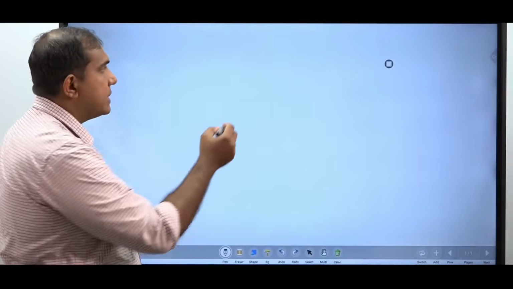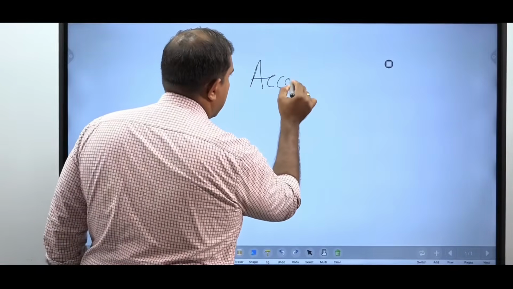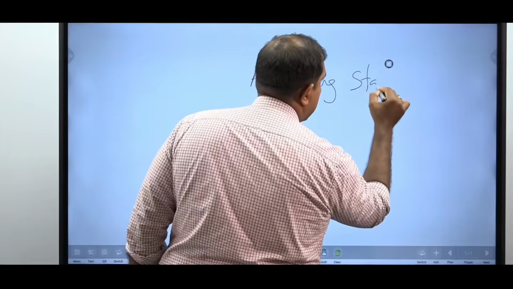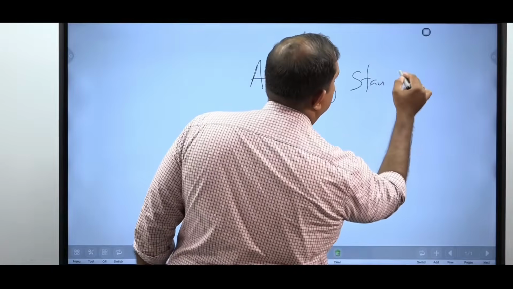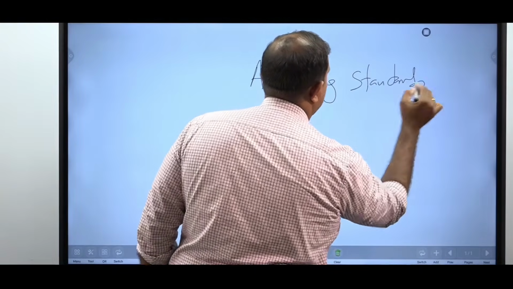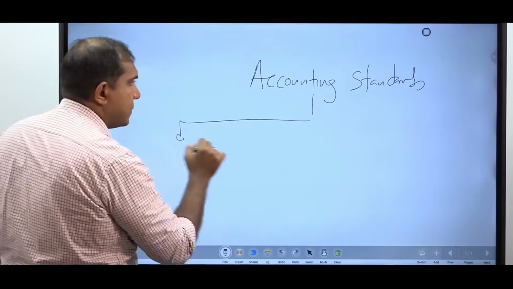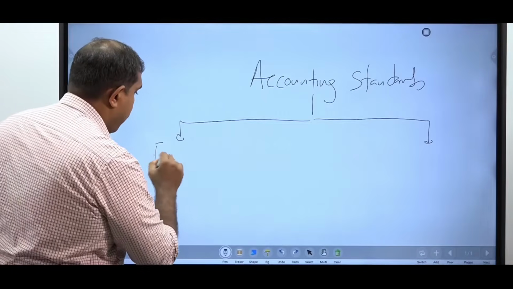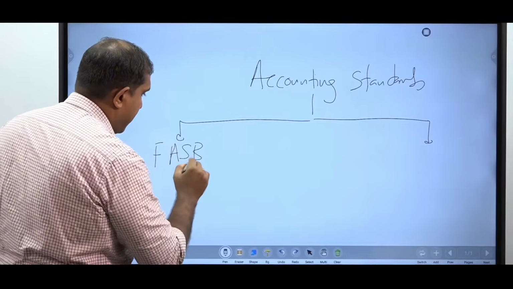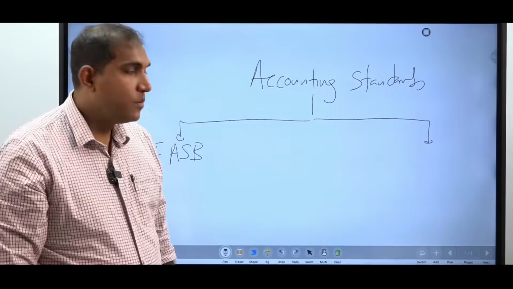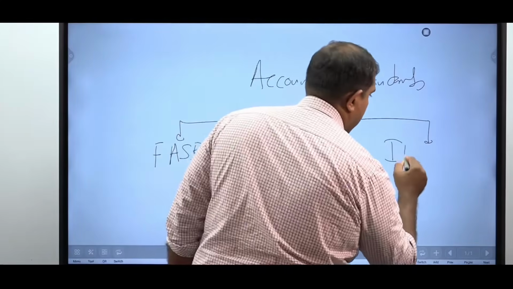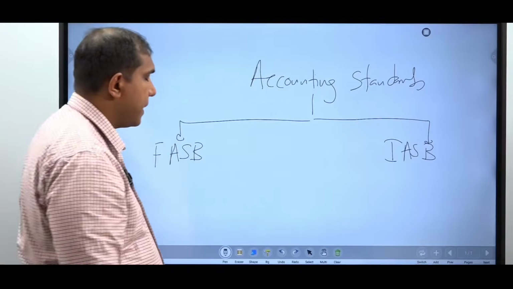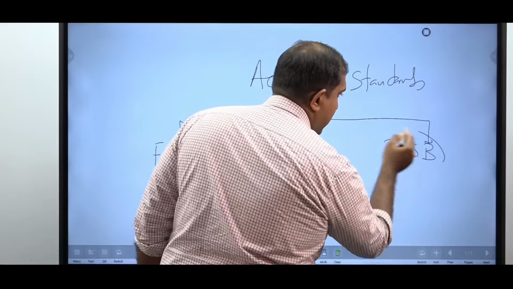When it comes to accounting standards, there are 2 accounting organizations in the world, FASB, Financial Accounting Standards Board, then IASB, International Accounting Standards Board.